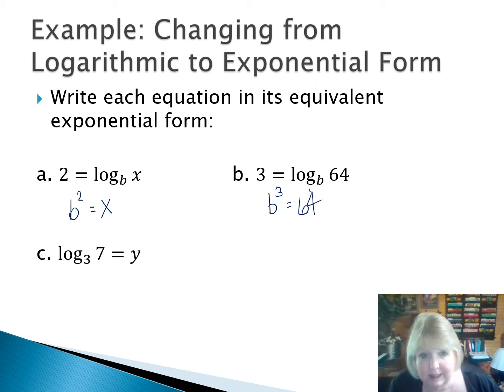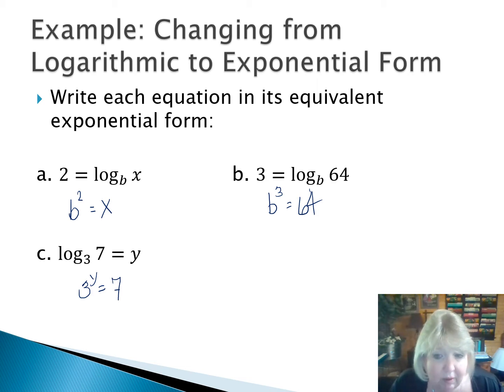On C, again, my base is 3. What it equals is my exponent, and then that equals what's left. So it's really not that hard to write it in its exponential form, and that's going to be a key for some of us in how to solve.